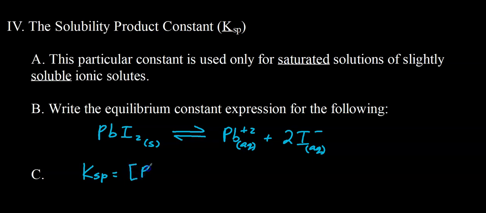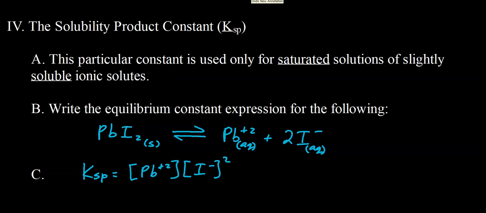So we have concentration of lead-2 times concentration of iodide squared over nothing. Notice that lead-2 iodide is a solid. Remember, no solids, no liquids ever in our equilibrium expression. So this is what it typically looks like.